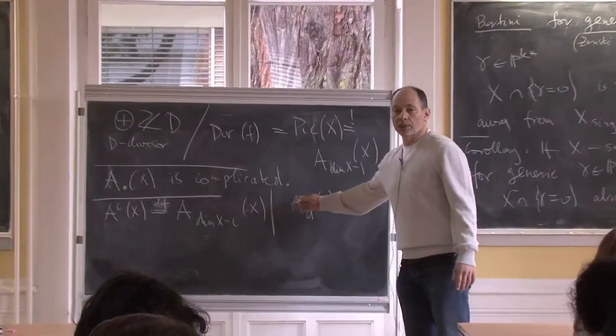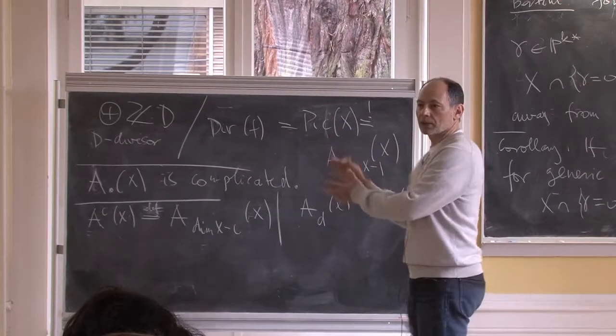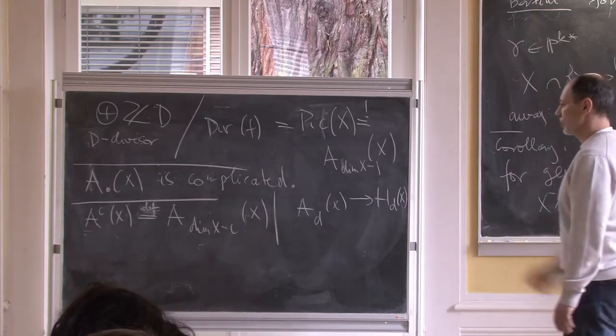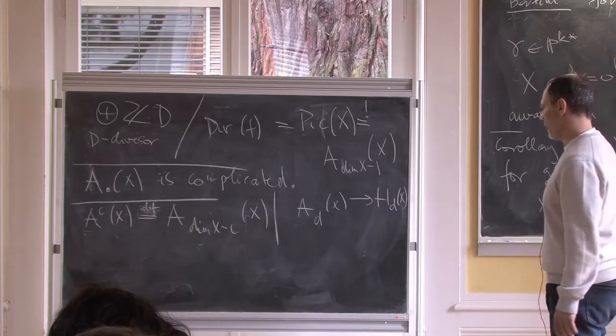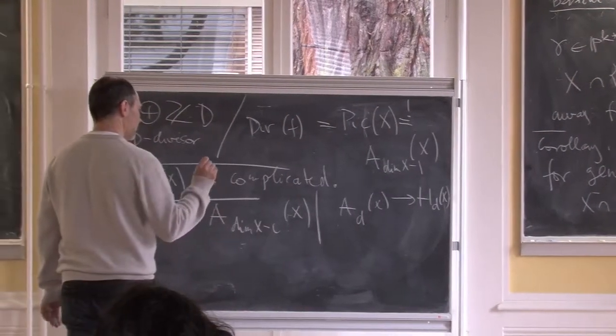This thing could be incredibly complicated, but certainly for every cycle there is a fundamental class that you can put here. So this map is well defined. These are just some objects that we have. Okay, and what else do I need?